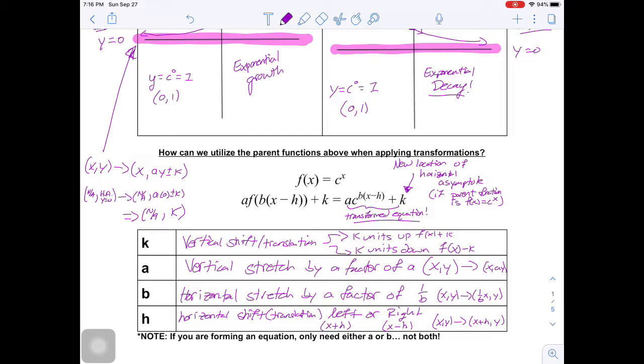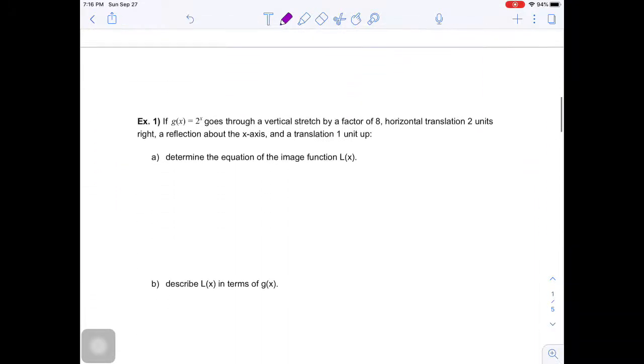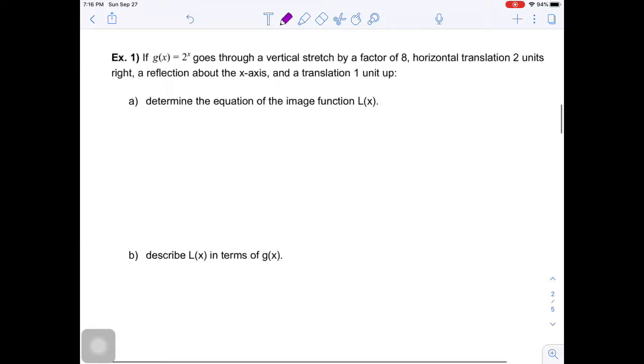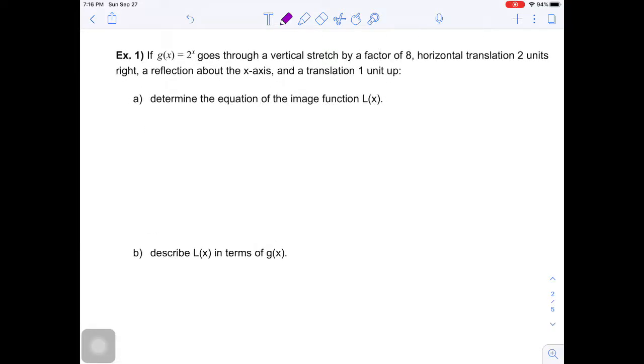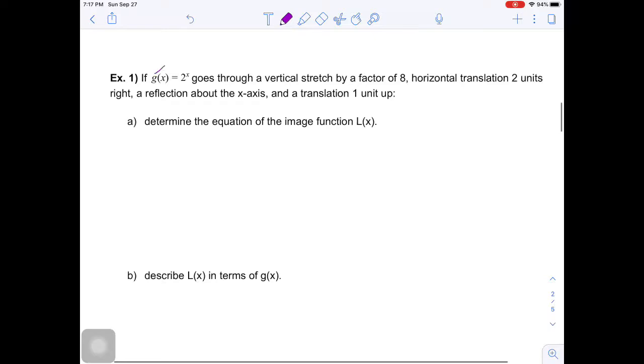Now, let's go on to a quick example here before moving forward. So I'm actually going to focus on B first and then go to A. Because remember, it's always useful to write out your function notation before you actually create the equation. Now let's talk about this. If g of x equals 2 to the power of x, so this is a parent function.